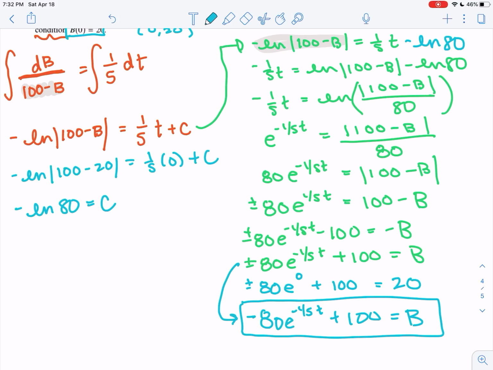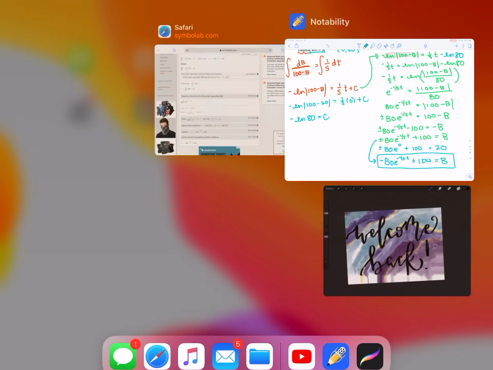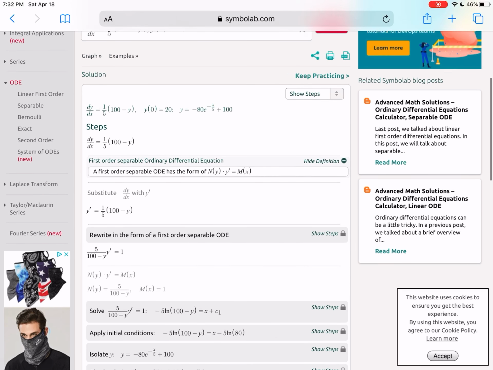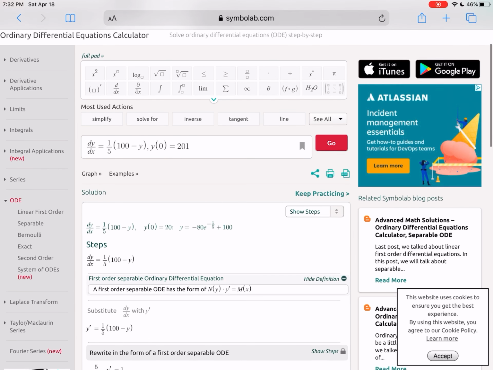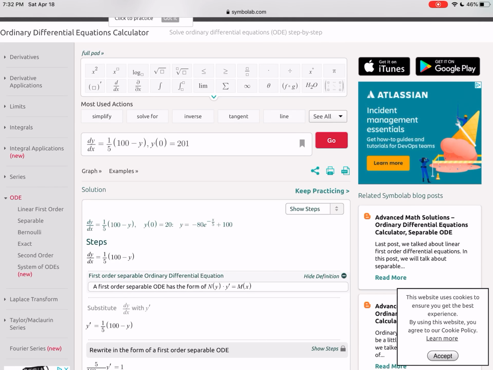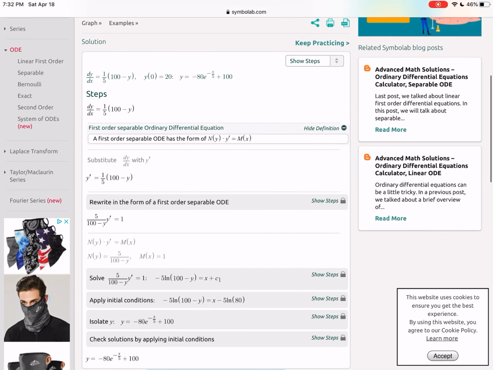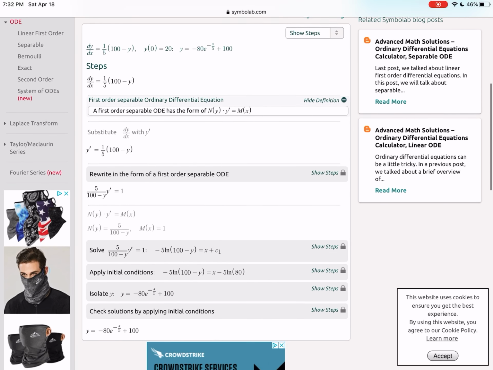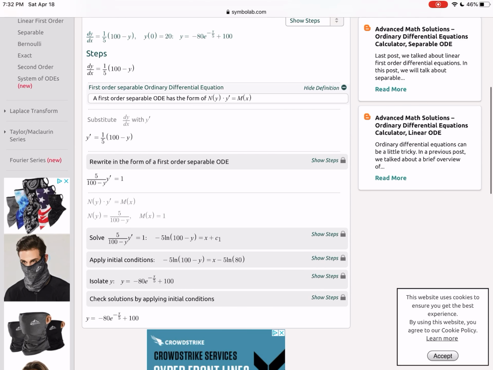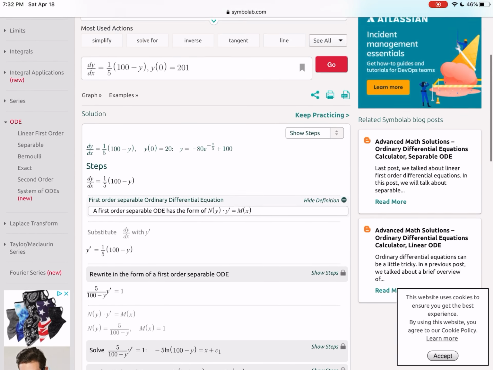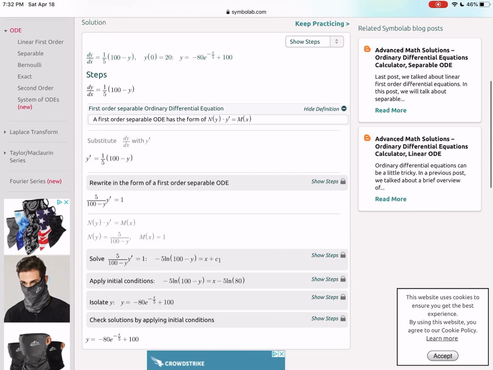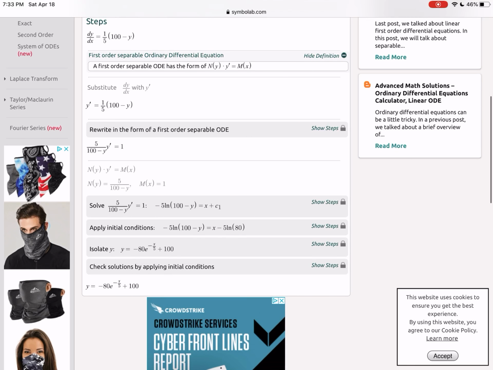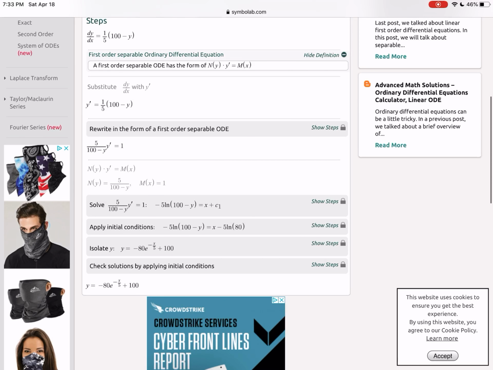Okay. On your packet, you may have seen I included 2 websites. One is the normal scoring guidelines. Another one is this website here. It's a differential equation solver, and since this is calculator active and open notes, I thought it might be good. You're going to need to know steps, but it may help you at least give you a final answer here.